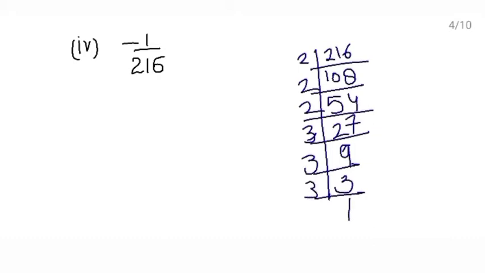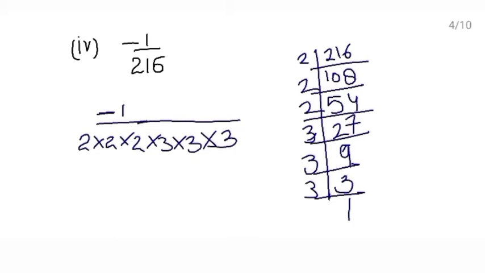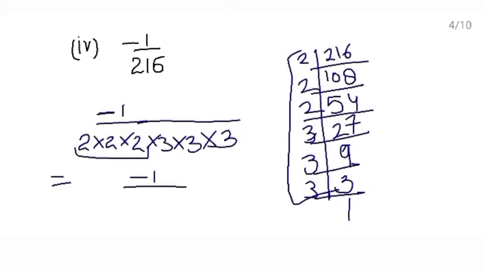So minus 1 upon, this can be written as 2 multiply 2 multiply 2 multiply 3 multiply 3 multiply 3. Because these are the factors which we have found here. Minus 1 upon 2 is occurring how many times? 3 times. 2 raised to the power 3.